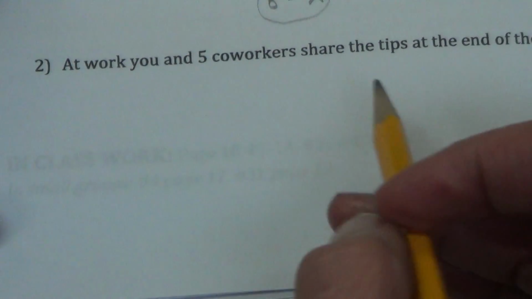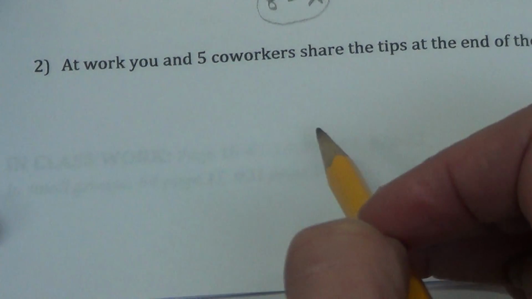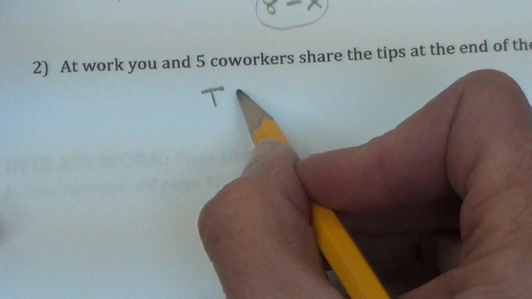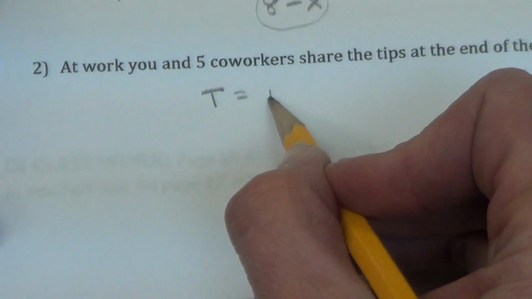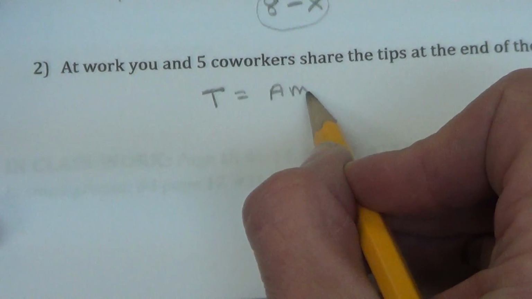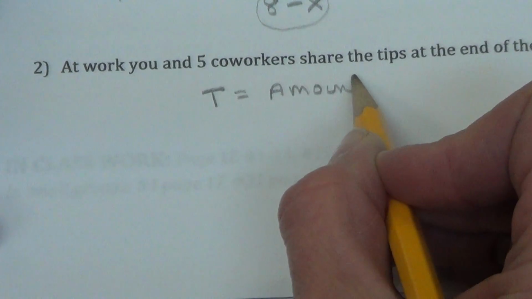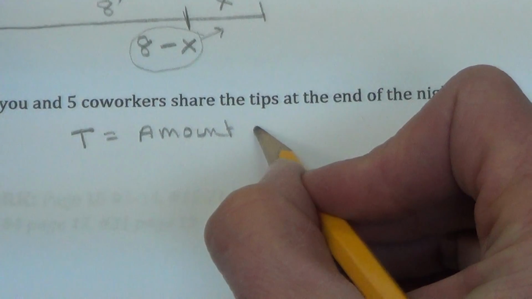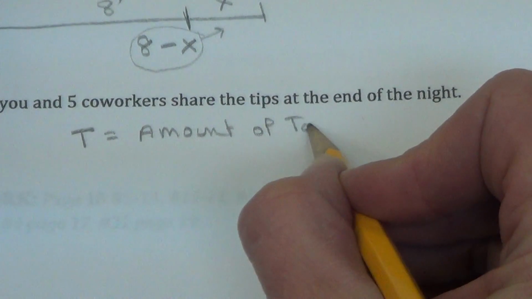At work, you and 5 co-workers share tips at the end of the night. Well, we might say T is equal to the amount of total tips.